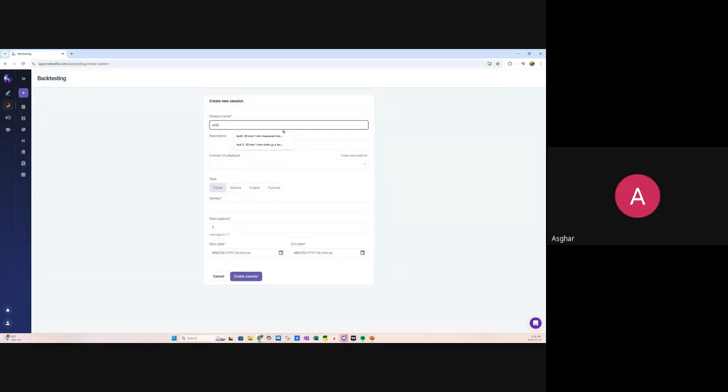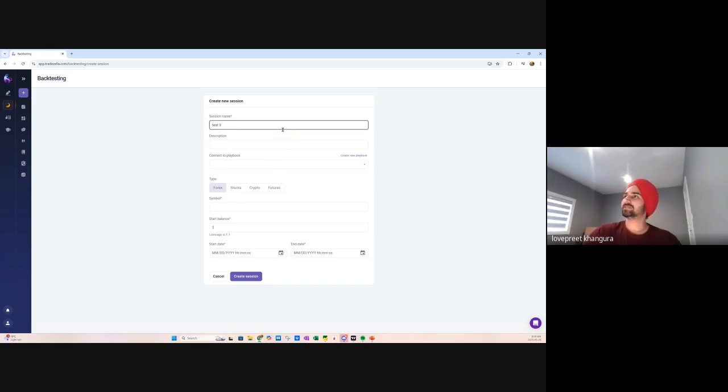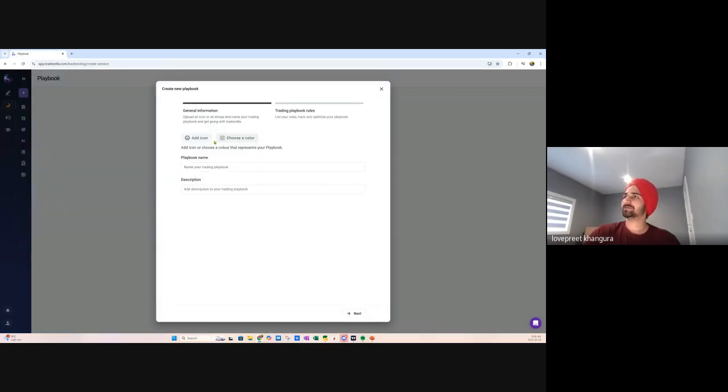Test 3. Description, just move 1 minute. Playbook, let's create a new playbook. General information, name: test 3, 1 minute, 30 minute. Description can be anything.